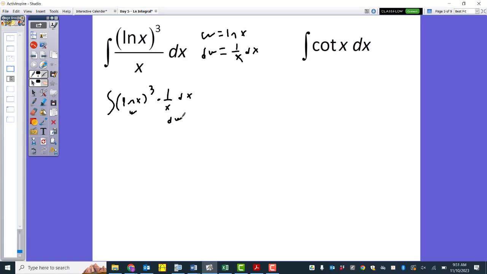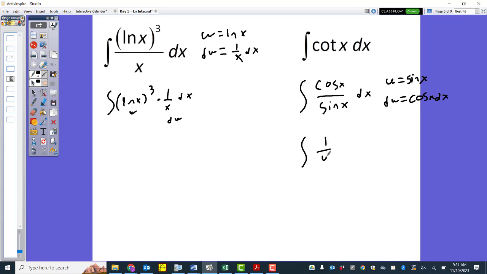This one over here is an integral that we've talked about before, as in one that we can't do, but we can do it now. If we change this to cosine over sine, well, we can make u sine of x and du cosine x dx and do a u substitution here.